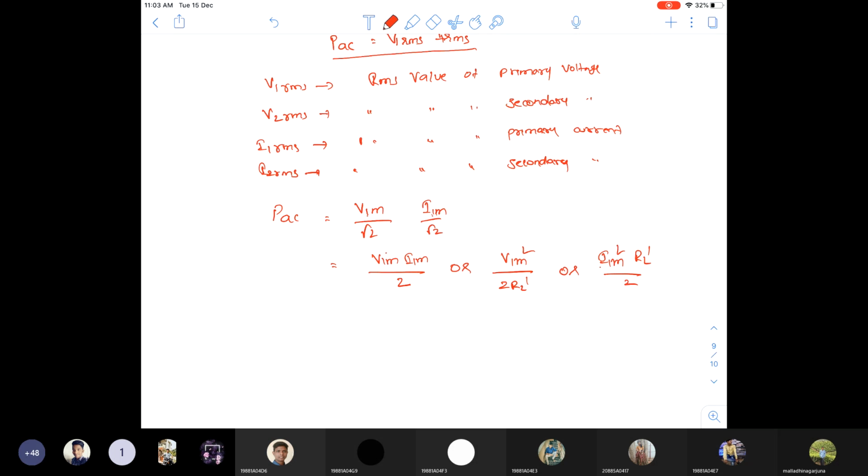If you substitute IM equal to VM by RL, you get this. They are all interlinked. From this, VM means VPP by 2, and IM means IPP by 2, divided by 2. So similarly VPP IPP by 8.